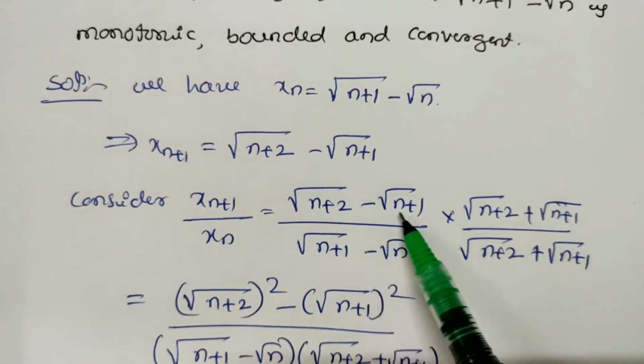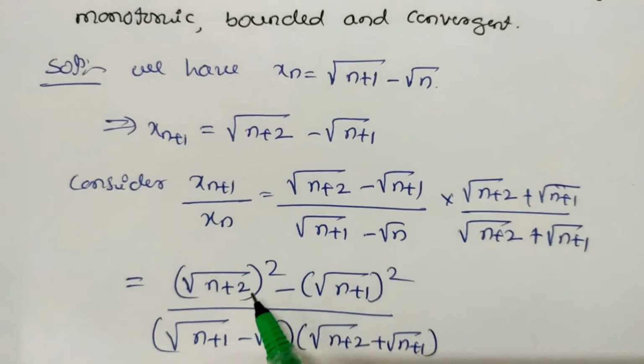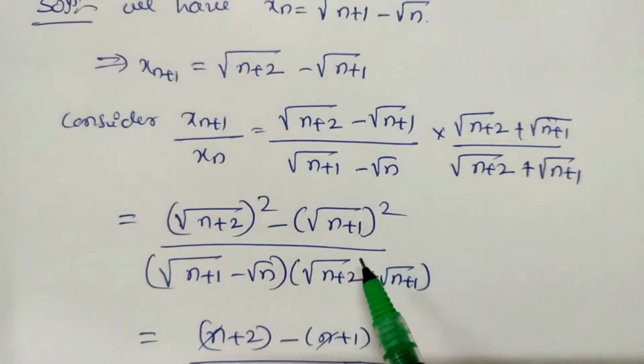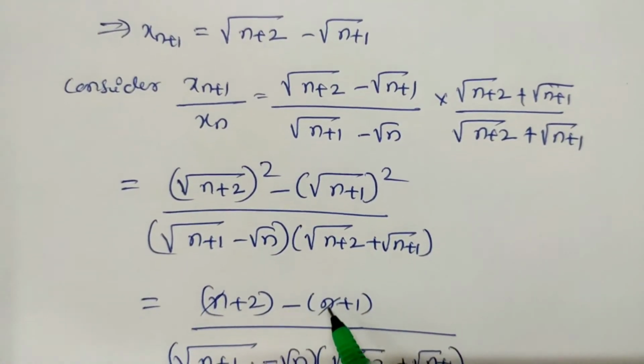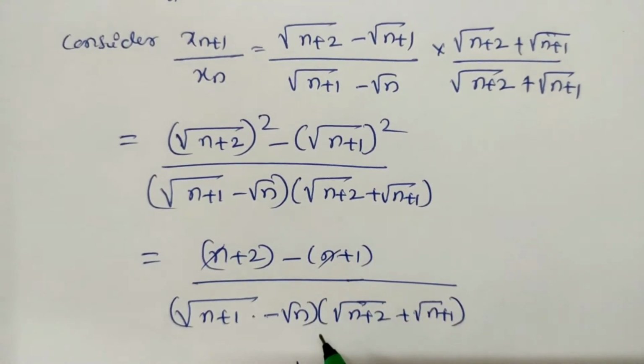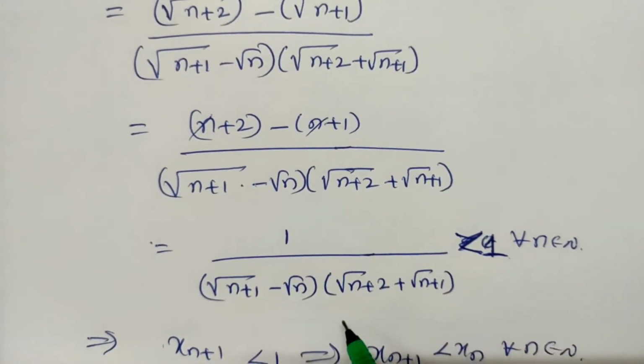It is in the form of a minus b into a plus b. You know it is equal to a square minus b square. So it is root n plus 2 whole square minus root n plus 1 whole square. Square root and square cancel here. It is simply n plus 2 minus bracket n plus 1, divided by this denominator as it is. Don't simplify the denominator. Here plus and minus get cancelled. It is 2 minus 1, which is 1, divided by all these things.